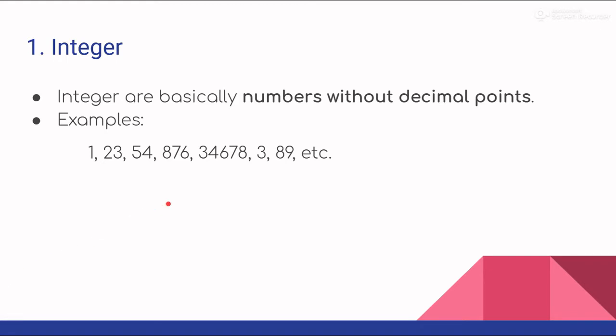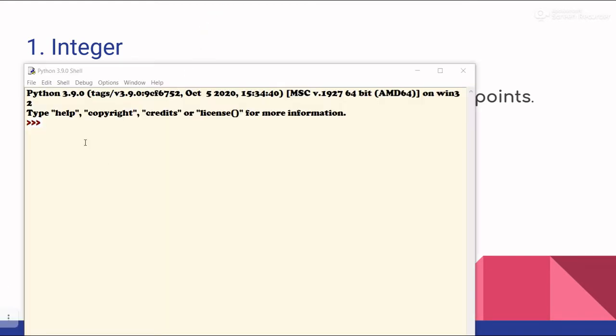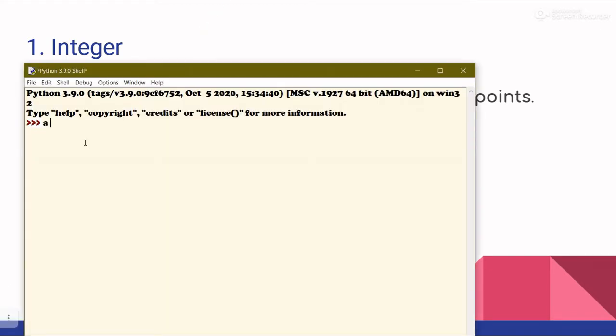Now let's see this in action in IDLE. So let's make a variable. Let's say a is equal to 32, and obviously you would have understood until now that 32 is an integer, right? Because it has no decimal point.